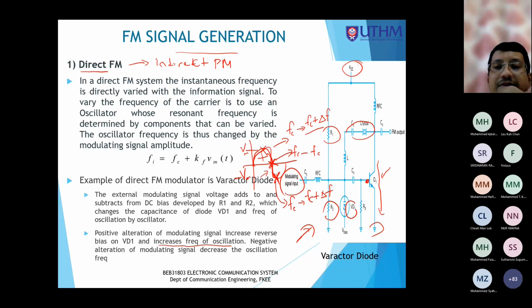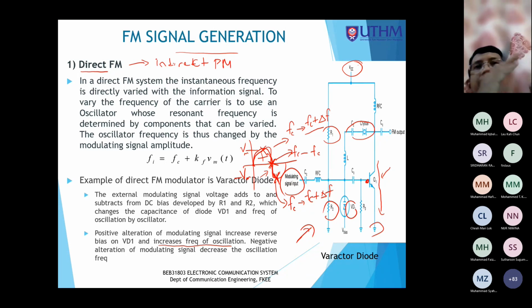So what the varactor diode does is produce output with frequency variation based on the amplitude variation from the input. That means the amplitude variation from the input will produce frequency variation at the output.